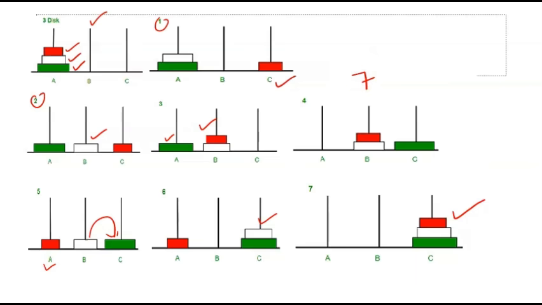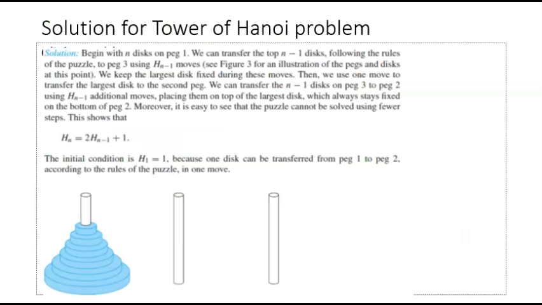So the question may arise: how many steps are needed in general if we have n disks placed one over the other, the way we have already discussed, with the condition that you should never put a bigger disk over a smaller disk? So let us formulate this problem.